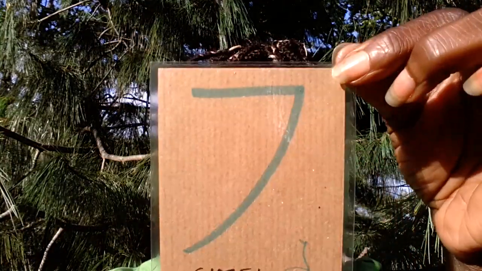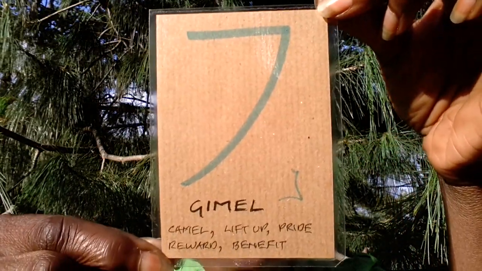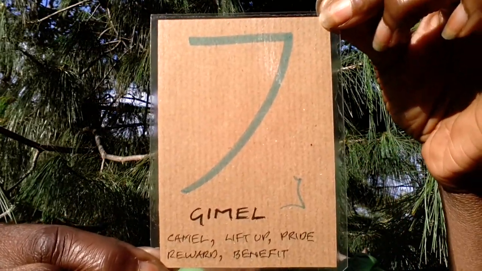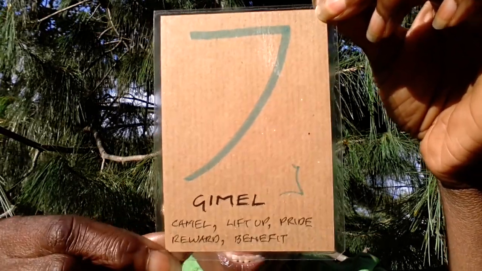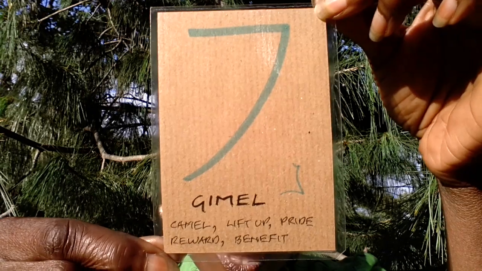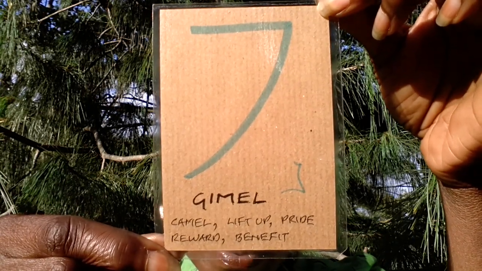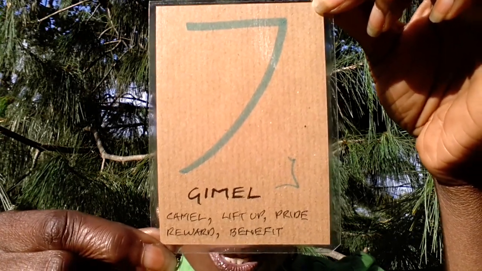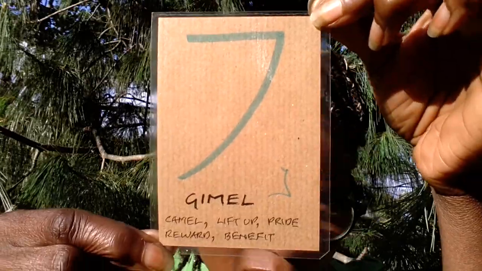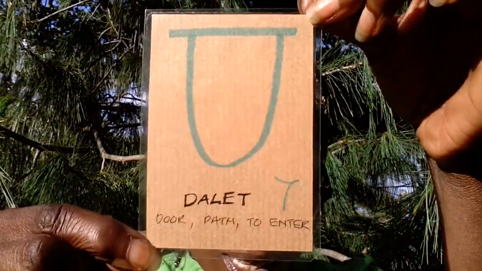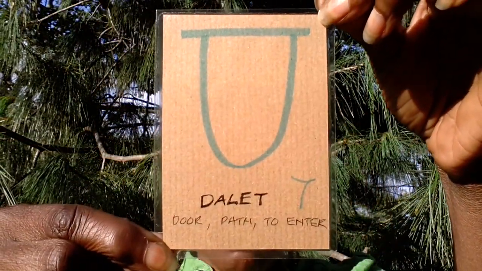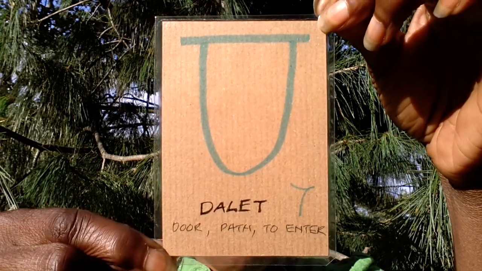The next one is gimel, which is like if you simplified the shape of a camel's head in relation to its body, and it means lifted up, pride, reward, or a benefit. And then you have dalet, which is like the fabric door on a tent.